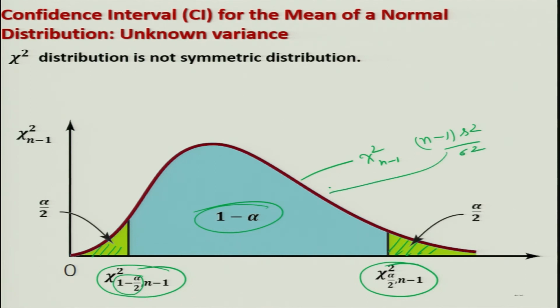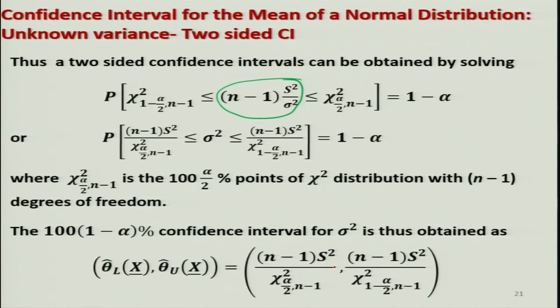This quantity is going to lie between these two values. So I write that this quantity lies between the chi-square values with 1 minus alpha by 2 and alpha by 2 and n minus 1 degrees of freedom, as I showed you in the figure.